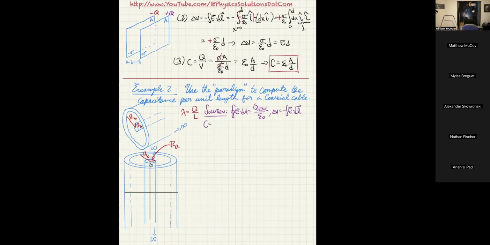And we need C is equal to Q over V. And we're going to say, as I wrote before, lambda is equal to Q over L. And my hypothesis is E is equal to some E of r cylindrical times r cylindrical hat.